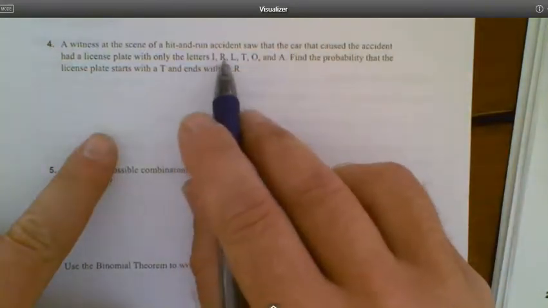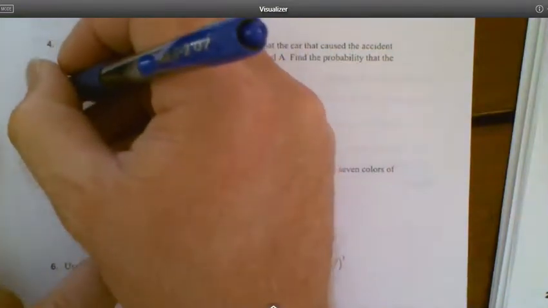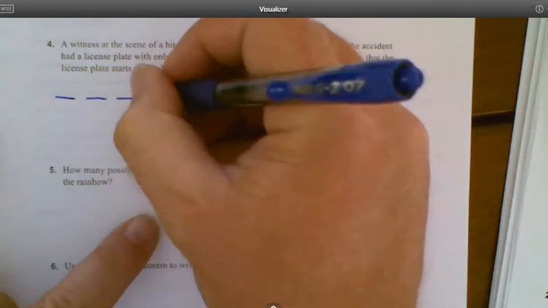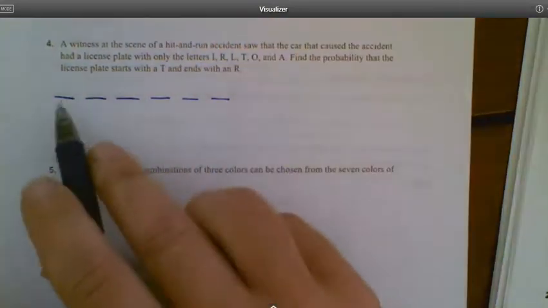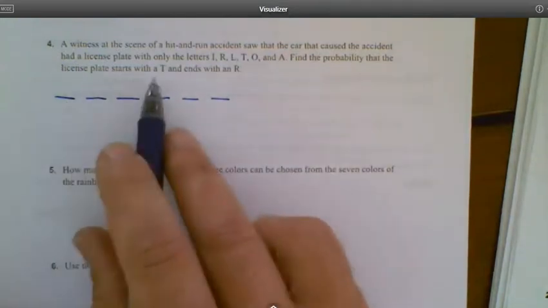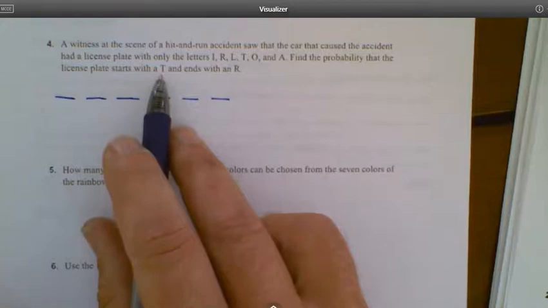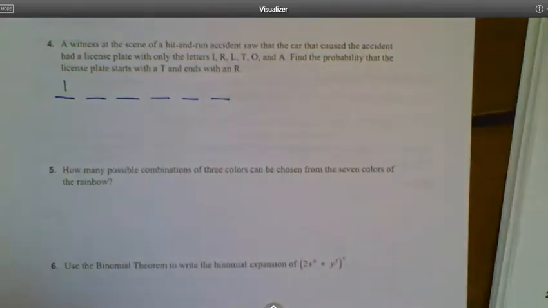So there's 1, 2, 3, 4, 5, 6 letters, 6 places on this license plate. How many of those letters can go into the first spot? Right? Only one of them, because they said it starts with a T. So there's only one option for the first letter.